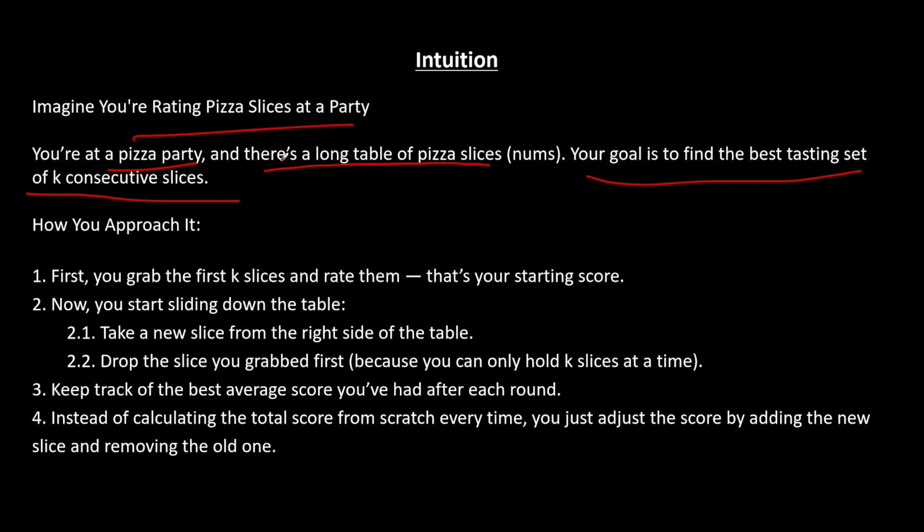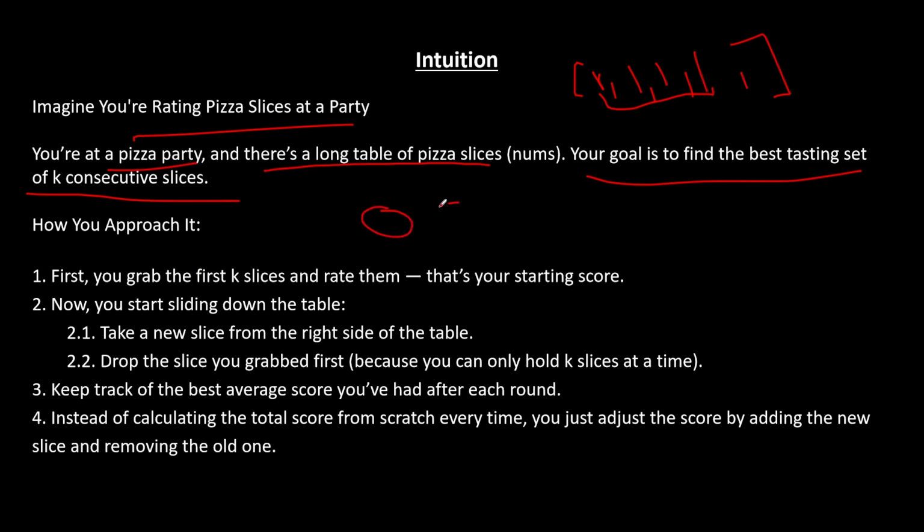We have to find consecutive slices of pizza of any size k and tell which is tastier than the other. That's all. So, what is the efficient way to do it?